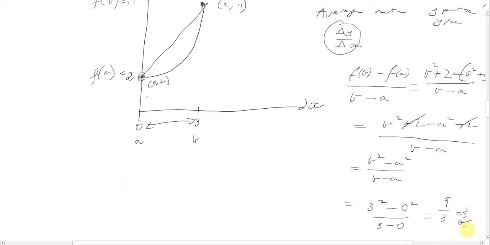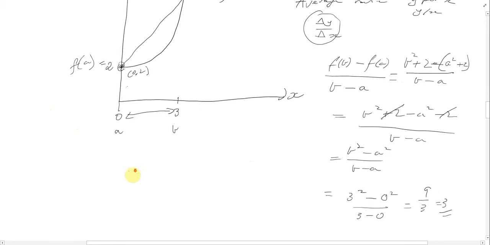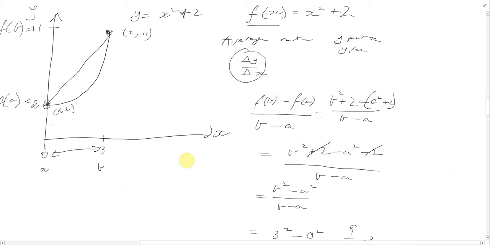So our answer is 3 in that example. Right now this is not particularly useful, but later on this method of doing things will become extremely useful. And you'll see why later on.